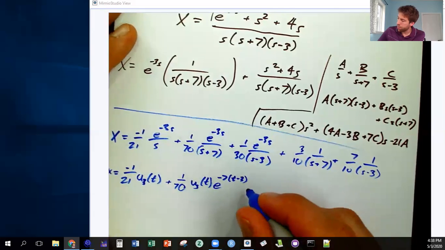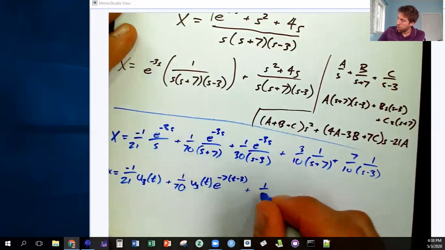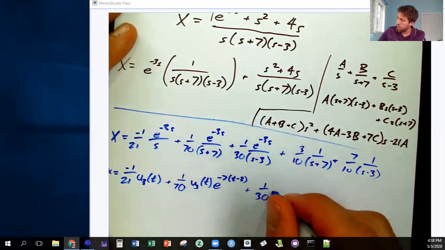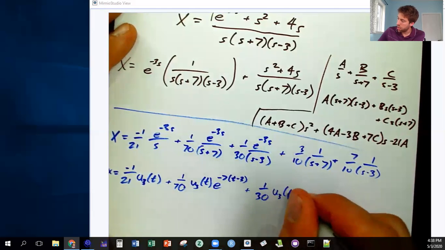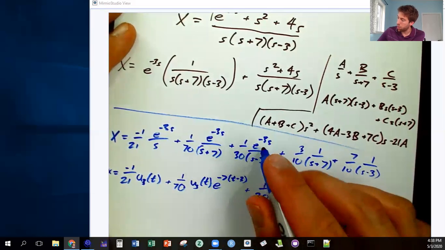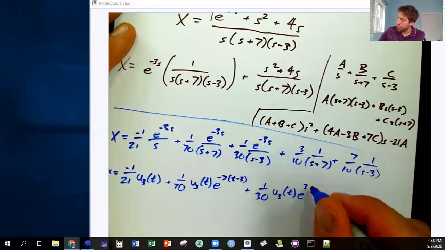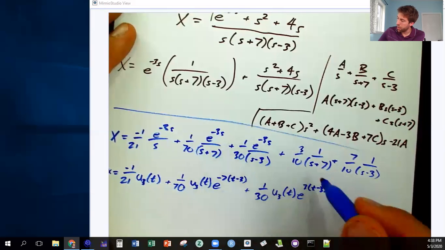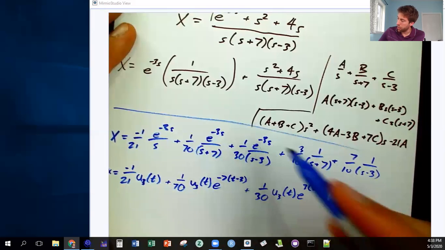And then here, plus 1 over 30, and then this term here means we get a u3 of t on the outside times e to the, it would normally be 3t, to be 1 over s minus 3, but now it's e to the 3 times t minus 3. Here, this 3 comes from the s minus 3, this 3 comes from the 3 there.